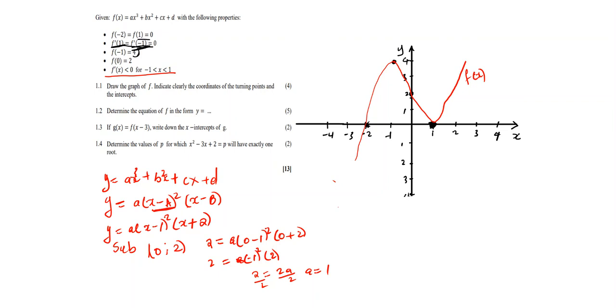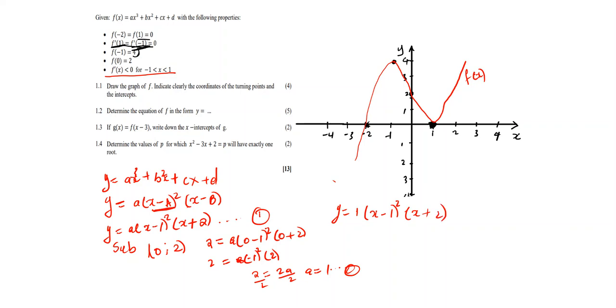So now the second thing that we need is to expand that which we are having here, so that at the end of the day we can identify the value of a, the value of b, the value of c, and the value of d. So we quickly go on to say y equal to, you can even call this one equation number 2 if you feel like it. It means that this one will be equation number 1. So you go on to say 1 into x minus 1 all squared multiplied by x plus 2.